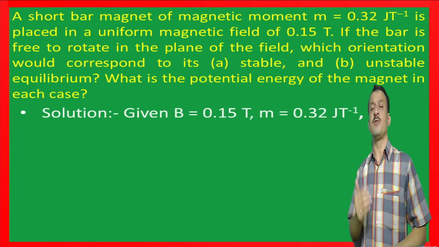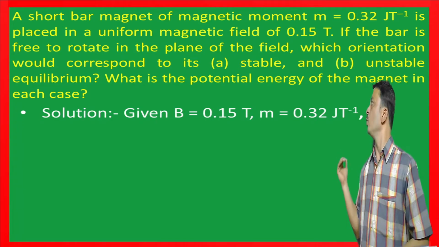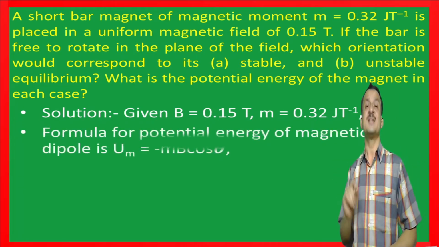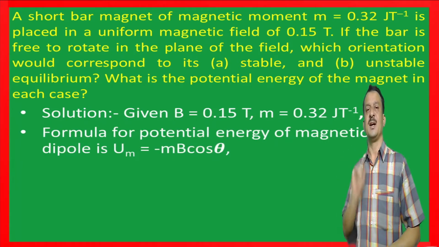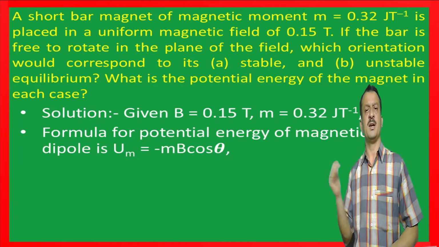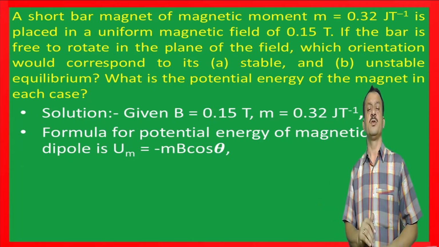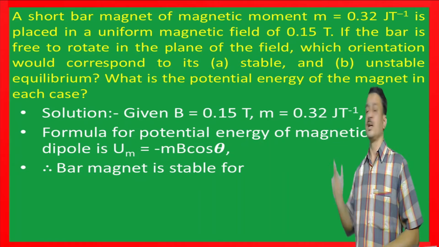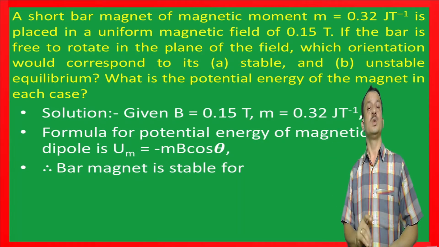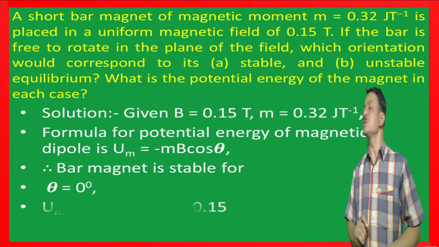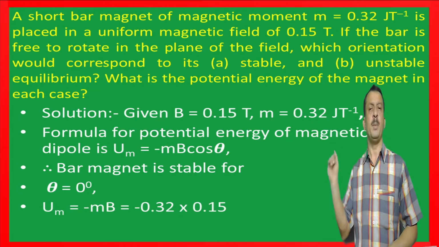And we know the formula for potential energy of the magnetic dipole is Um is equal to minus mB cos theta. Now substituting the values of m, B and theta, for a bar magnet stable at theta equal to 0 degrees, the formula becomes minus mB.